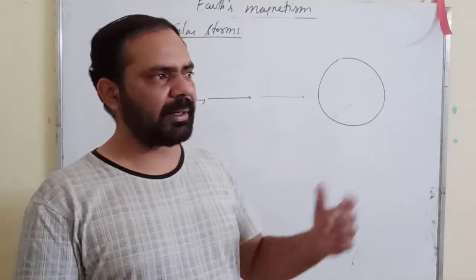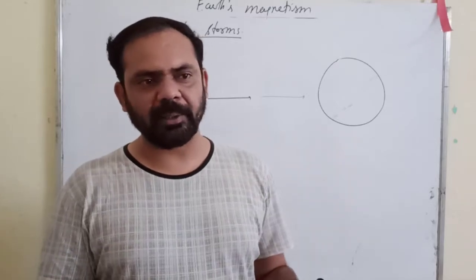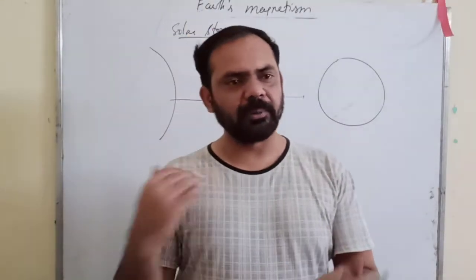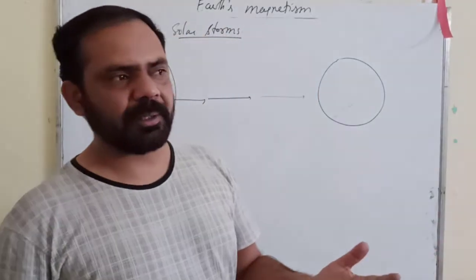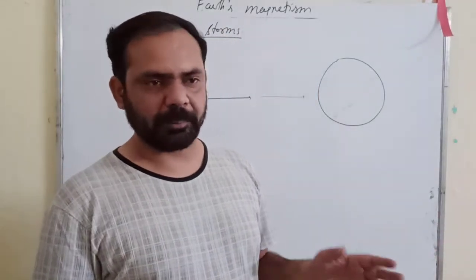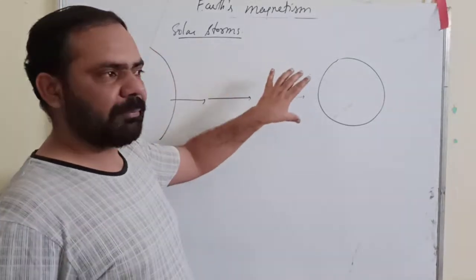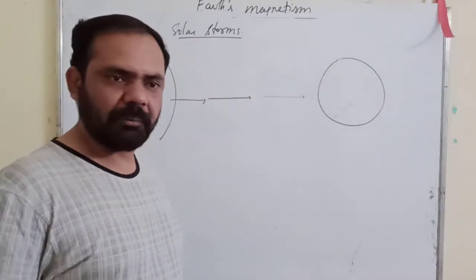Now if these charged particles hit, they will destroy the magnetic properties. So the computers will lose their property of RAM and ROM, and therefore the operating system will stop working and everything will stop. So it simply means that we cannot afford these solar storms to hit our planet directly.